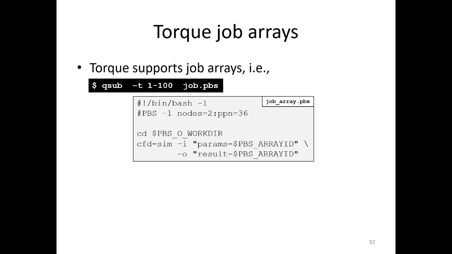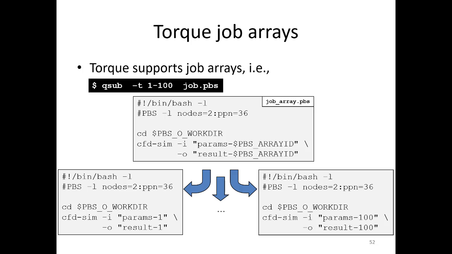Okay, so basically what we're using is Torque job arrays, and essentially you already know this, I've shown you before. Basically qsub -t with 1 to n will initialize PBS array ID in each of those individual array jobs.